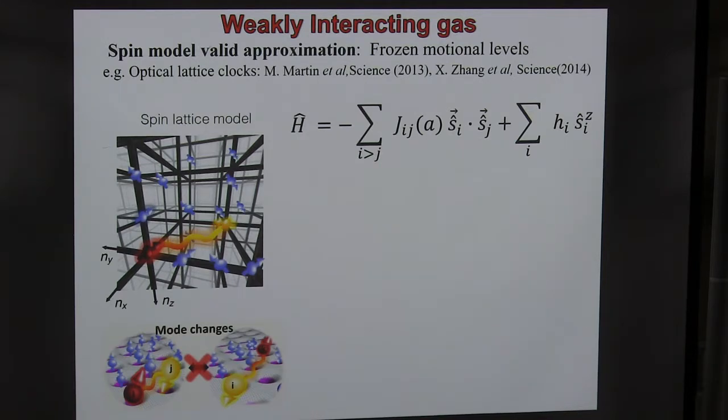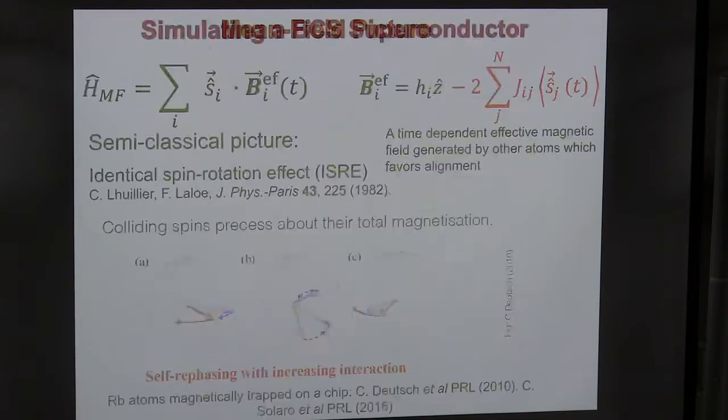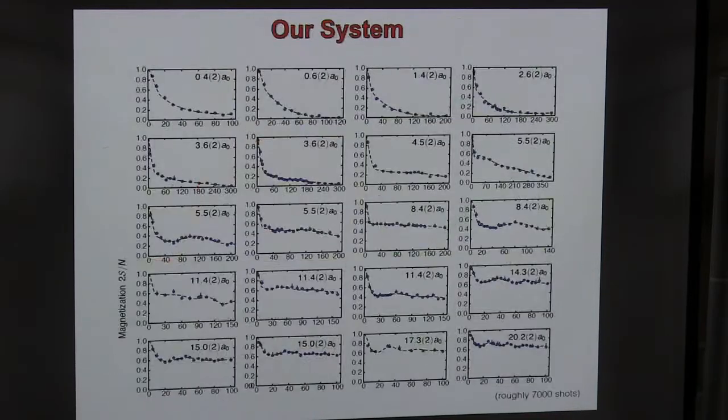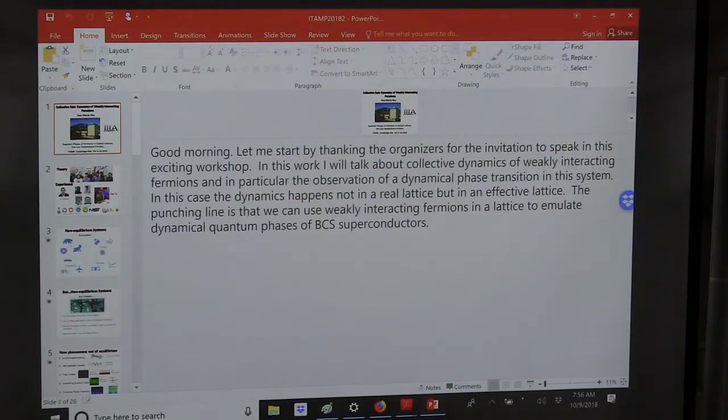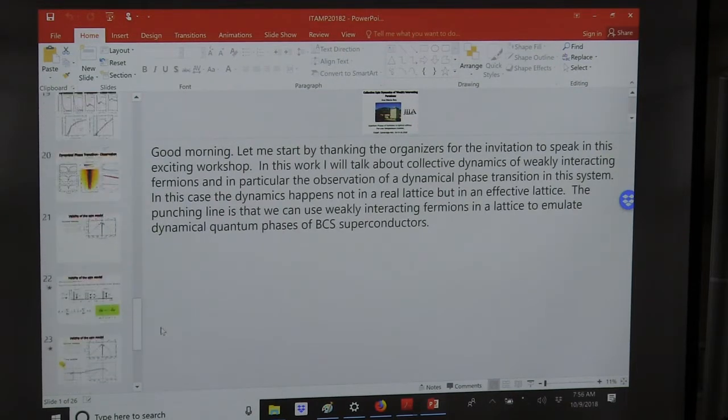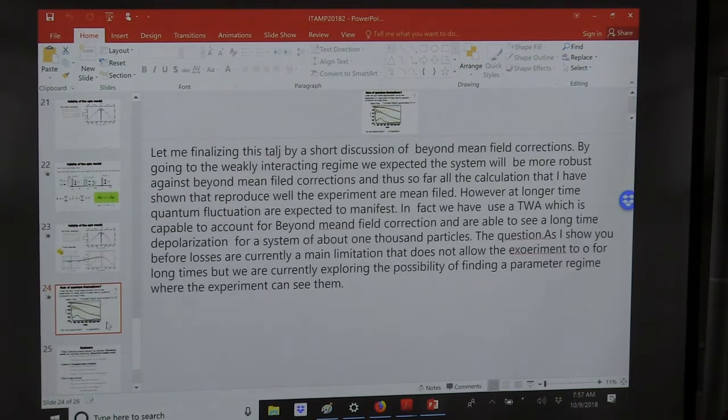Other questions? Can you go back to the PWA plot that you showed? I was just wondering if there was a clear separation of time scales between the decay and the sort of oscillating behavior that showed up in the theory? Yes, there is. There's an oscillation somewhere.